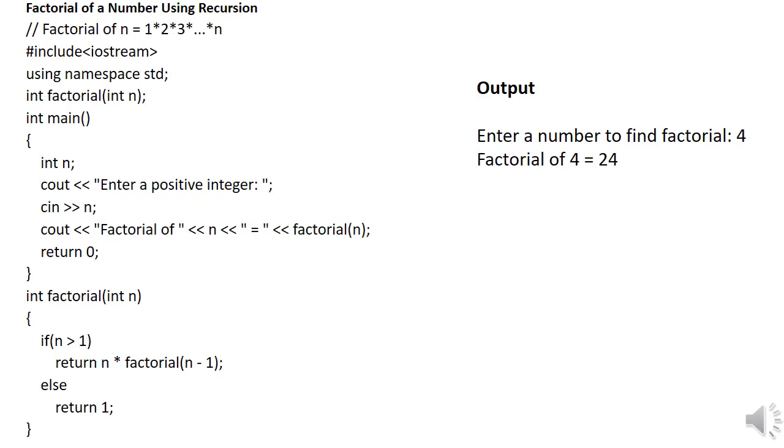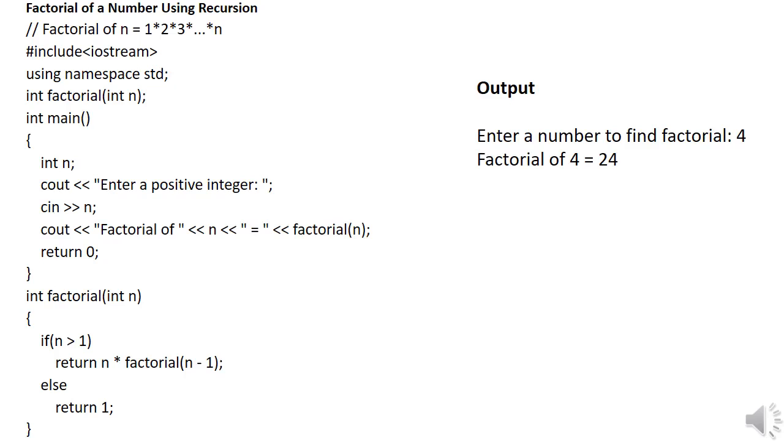Inside the function definition, you have to write a condition for iteration and a condition for termination. Here the condition for iteration is: if n is greater than 1, perform the task n into factorial of n minus 1. Otherwise, the condition for termination is: if n is not greater than 1, you have to return the value 1. That is the terminating condition. Otherwise, this loop will continue an infinite number of times.